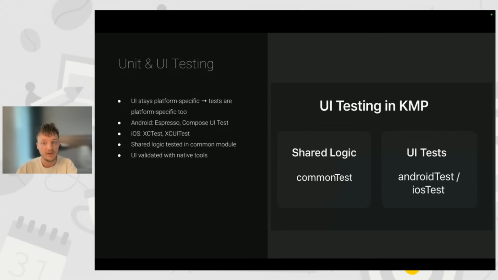Talking about UI testing, the story is a bit different because UI usually is connected with platform-specific modules. So that's why we are using other tools. For Android, we are using Espresso or Compose UI Test. For iOS, XCTest or XCUITest.